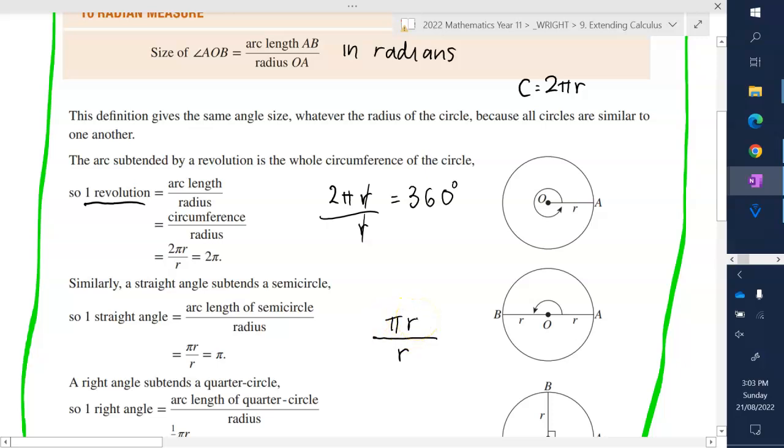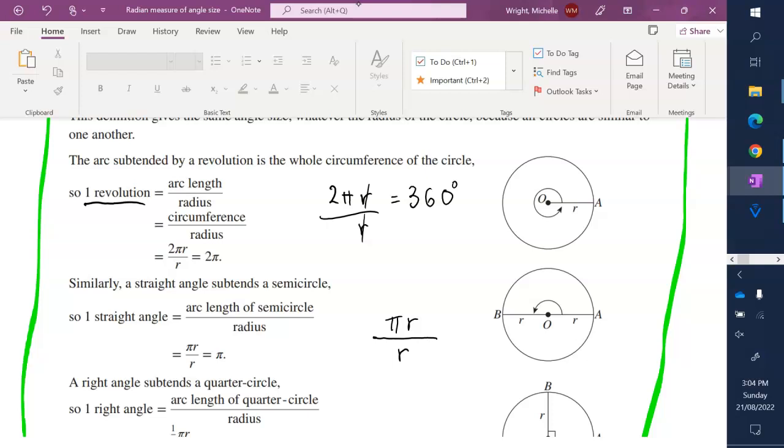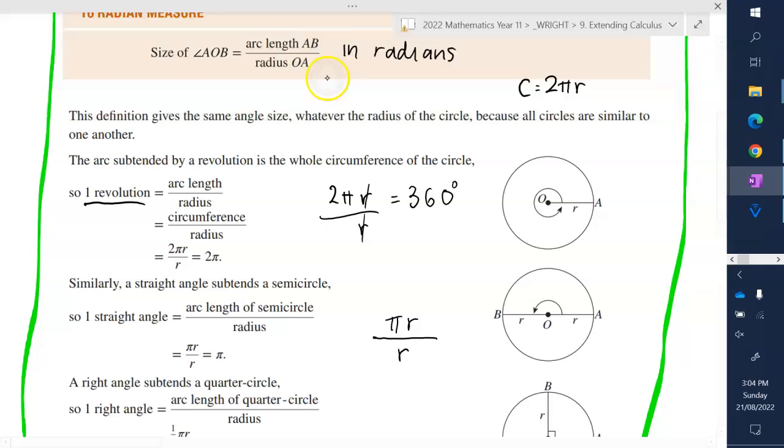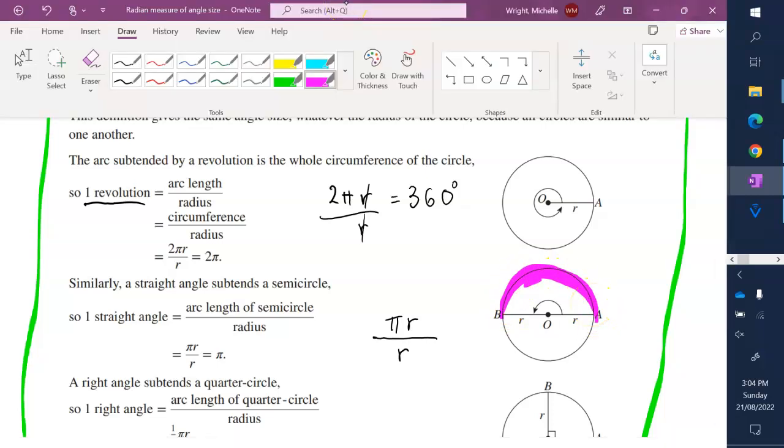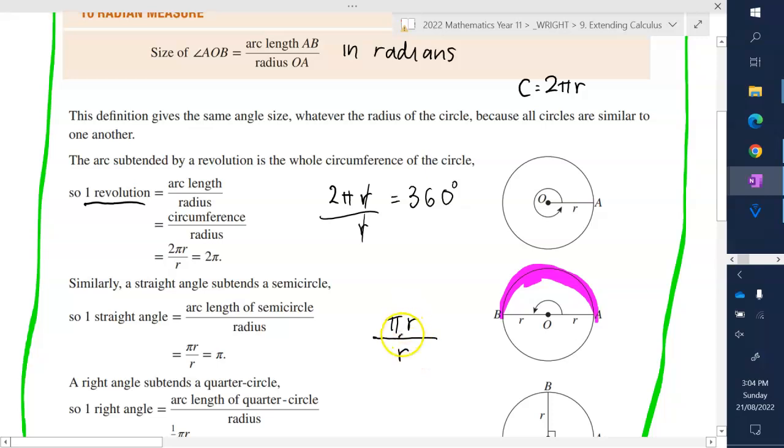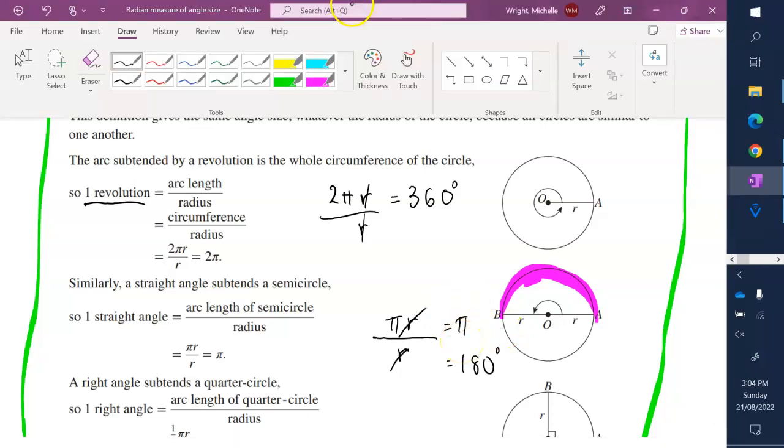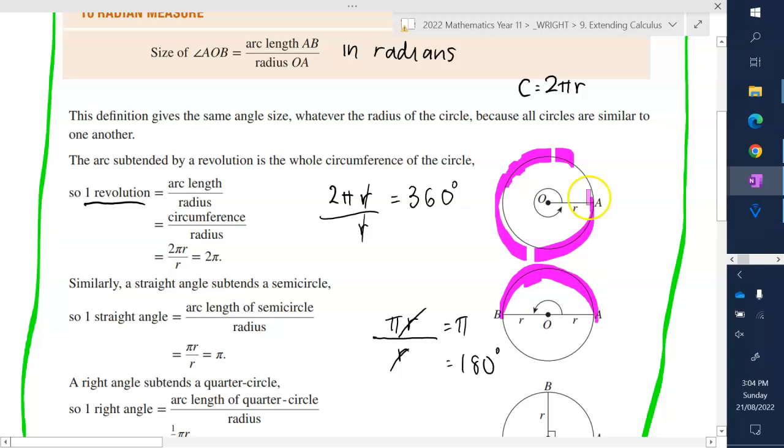So in half a circle, we have pi r divided by r, so we actually have pi, and that's 180 degrees, so they're equivalent. Okay, so 2 pi is equivalent to 360 degrees, pi is equivalent to 180 degrees.